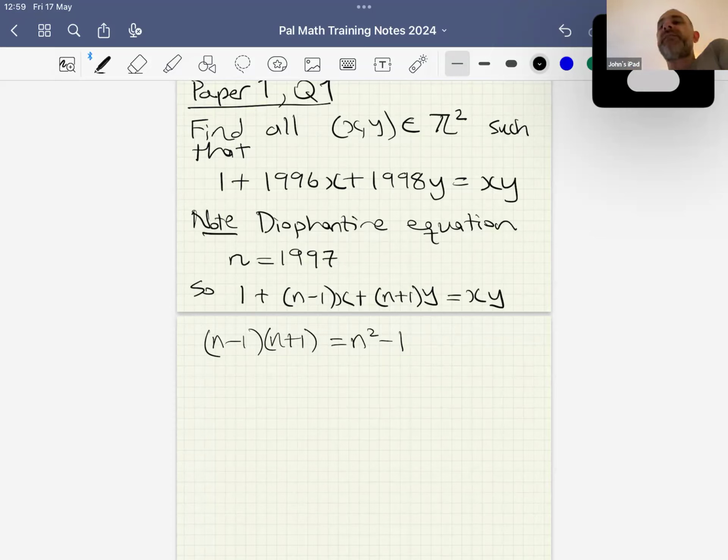It's not quite clear. I mean, there is a kind of factorization hidden in the equation. So maybe if I write it down you can do something with it.